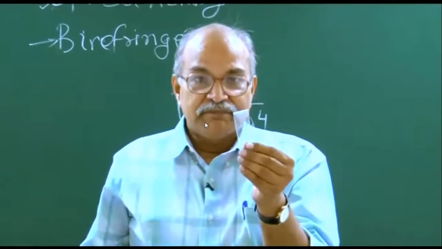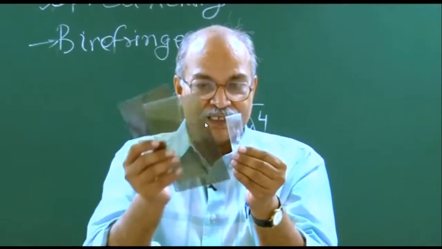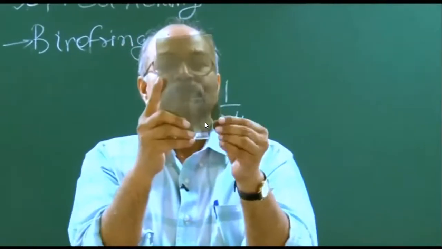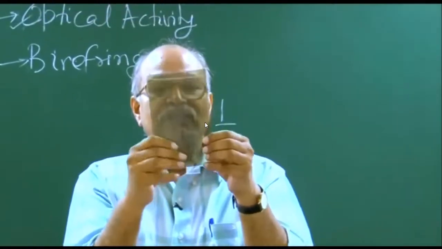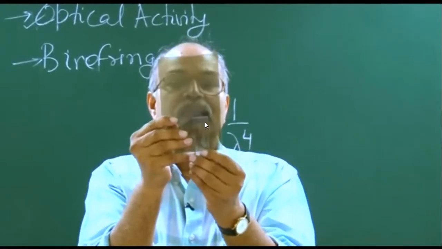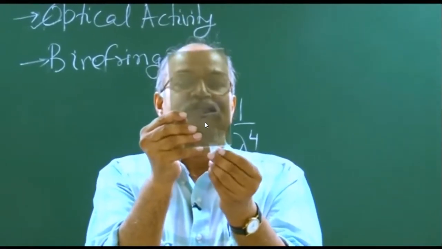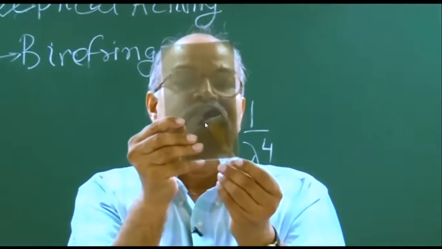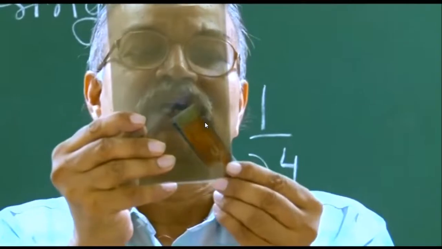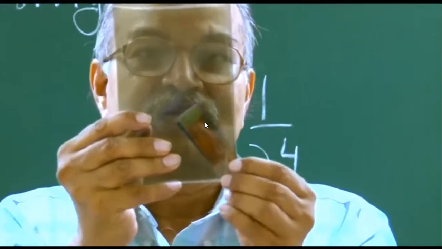So put it between the two polarizer sheets in parallel configuration. This is how it looks like. And now let me rotate and see the color and compare with what you had seen with one single layer.